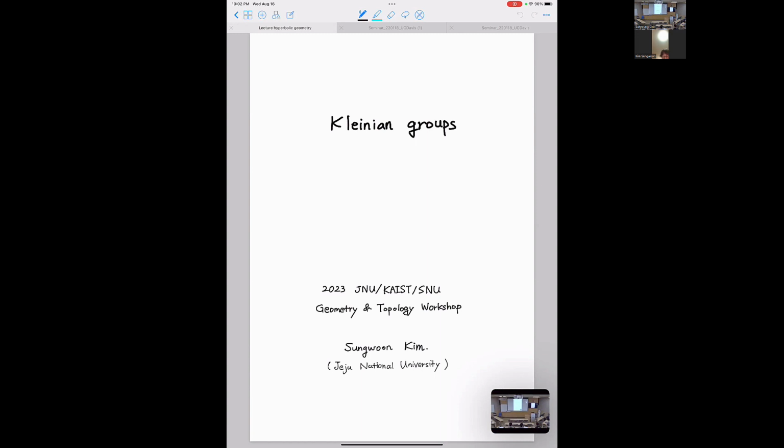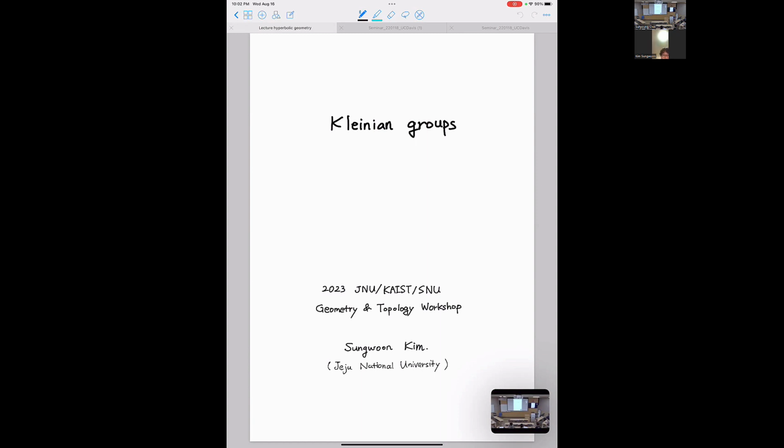Okay, so a Kleinian group is a discrete subgroup of the isometry group of a hyperbolic space. As you know, a discrete group induces some object, the manifold with a geometric structure.